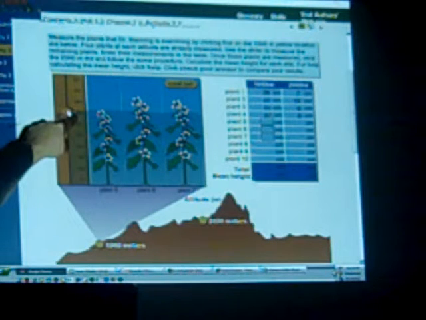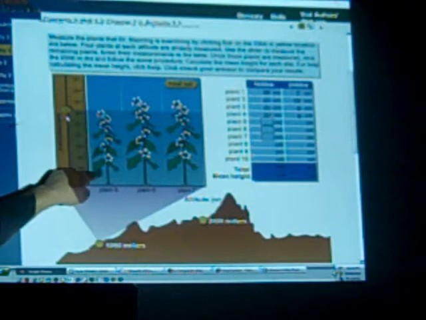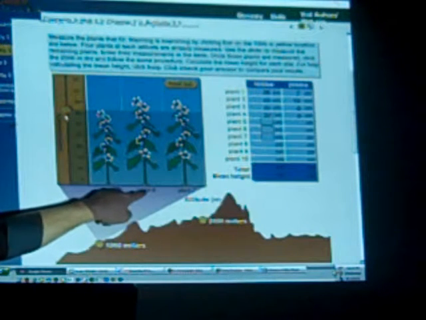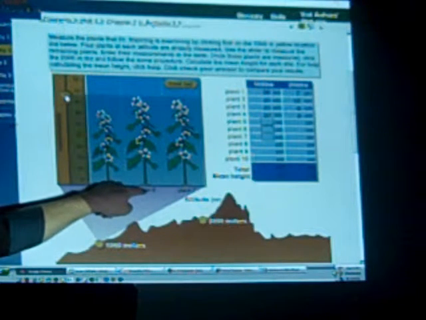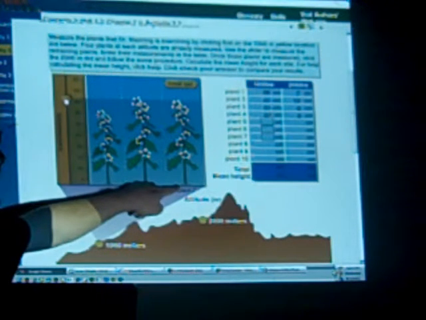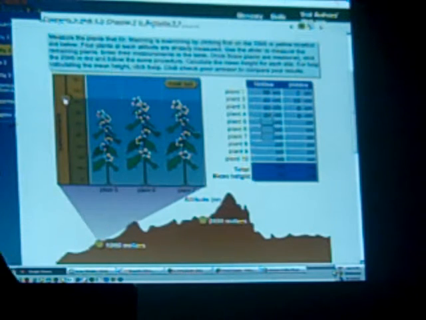Why centimeters? Because we're scientists, that's why we use the metric system. Anyway, plant 5 looks like it's about 36 centimeters. Plant 6 looks like it's about 43. And then plant 7 looks like it's about 42.